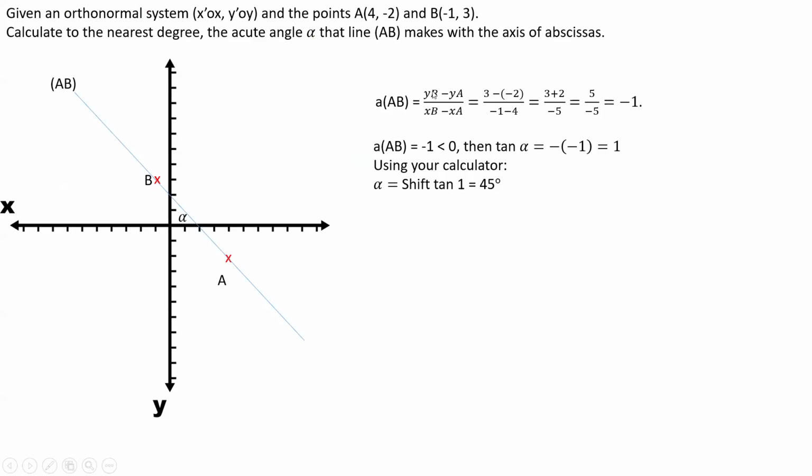Slope of AB equals YB minus YA over XB minus XA. So the slope of AB is minus 1. Now I say, since the slope of AB is minus 1, it's negative, then tangent alpha is equal to 1. Using your calculator, alpha is equal to shift tangent 1. So the angle here is equal to 45 degrees, as you can see.